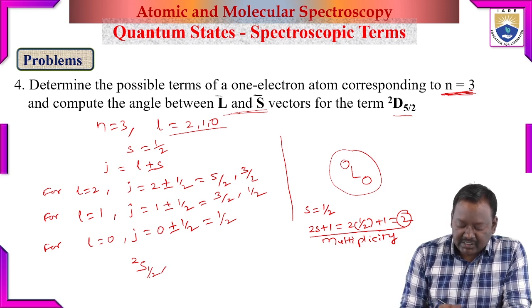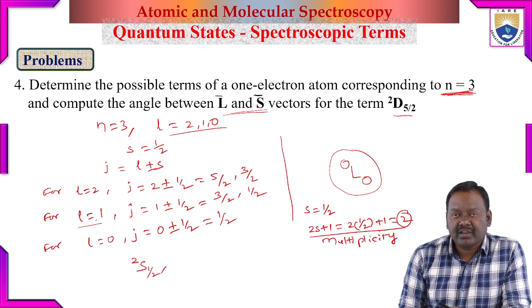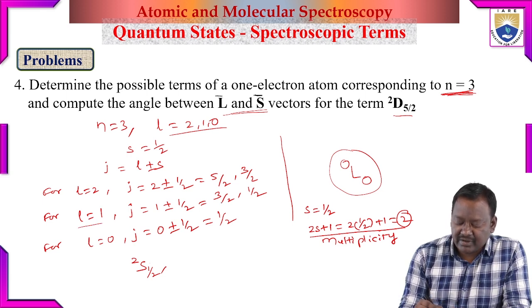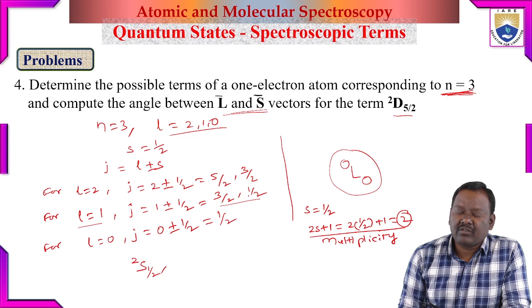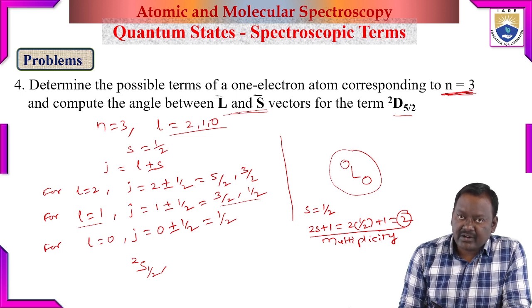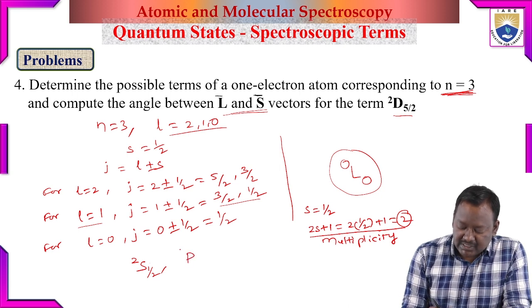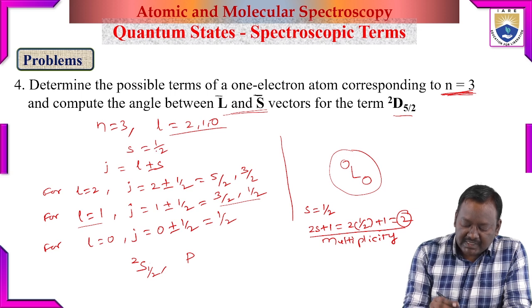And next one, if L equal to 1, then J values can be either 1 by 2 or 3 by 2. Then the electron state can be, so for L equal to 1, the designation is P. Multiplicity is 2 in this case also, as it is a single electron.